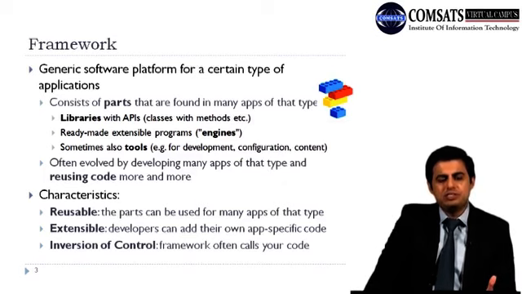So these were the main features of the frameworks, and there are some characteristics of the frameworks, which is of course reusability, which I just told you. And then there is extensibility. What you can do is add something onto the framework, add some features to it, take some features from other frameworks and append them to a particular framework.